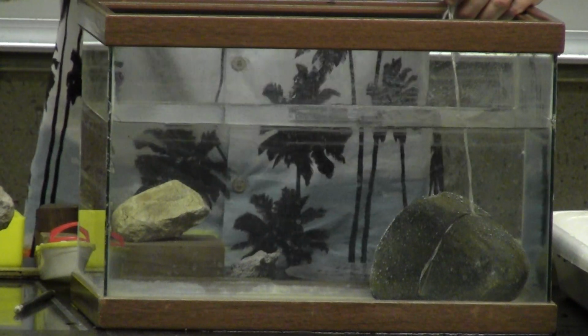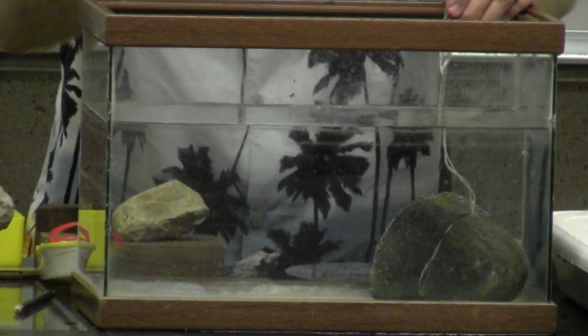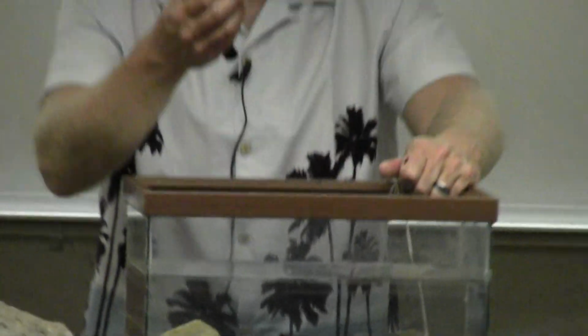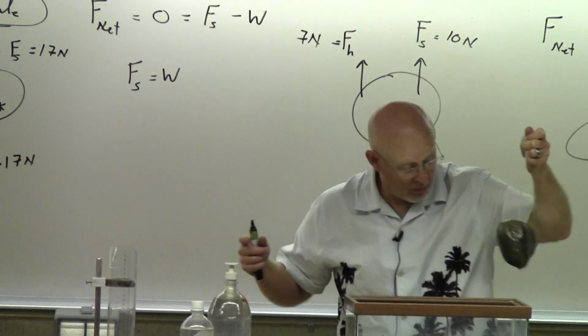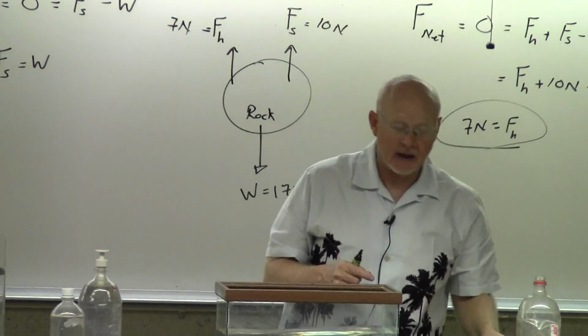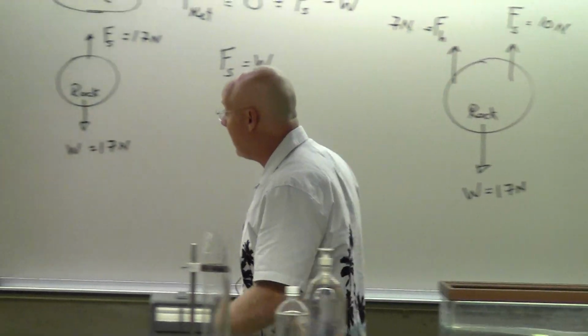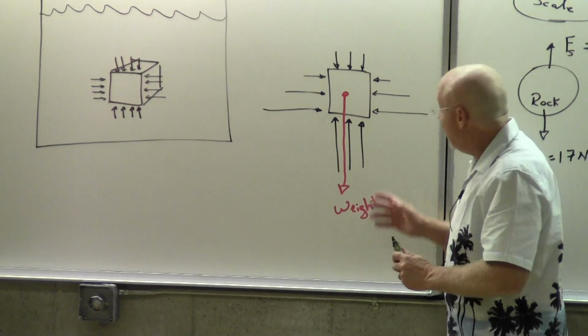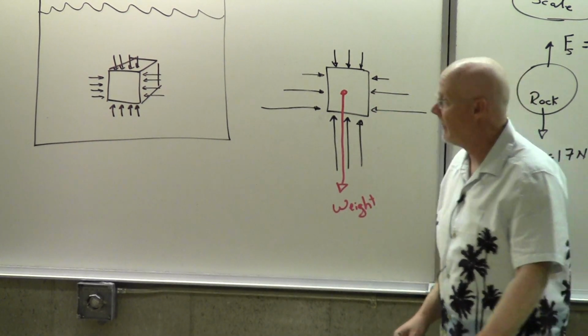Now, it's not pushing up enough to overcome the weight of the rock. So the rock still ends up sinking. That's why I tried to put the weight in this picture in red, to say, just because something sinks doesn't mean the water isn't pushing up on it. All it means is that the push upward is not as much as the weight.